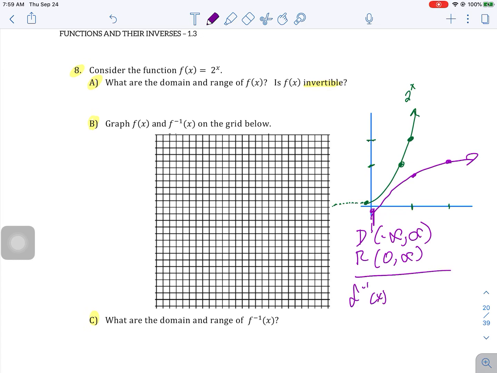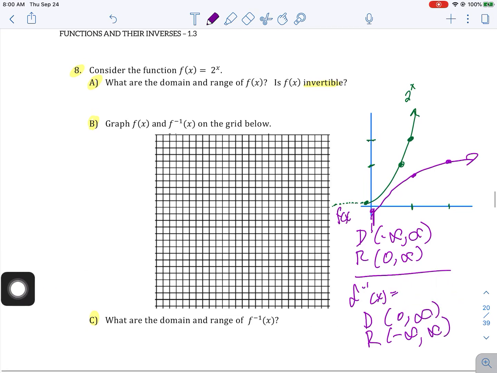They use f to the negative 1 of x notation. And so in this case, the domain is from 0 to infinity. The range is all reals, negative infinity to infinity.